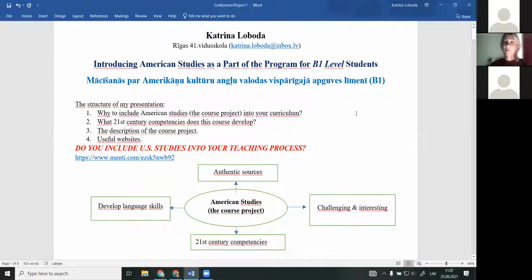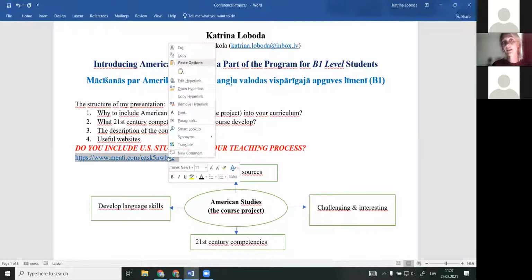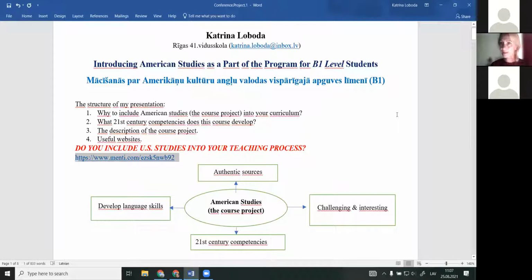And before I present my topic, I would like you, my colleagues, to answer 2 questions. Do you include American studies into your teaching process, and to what extent? So I will copy this link, but again, please copy and paste it into the browser where this link can be opened, or simply go to menti.com.